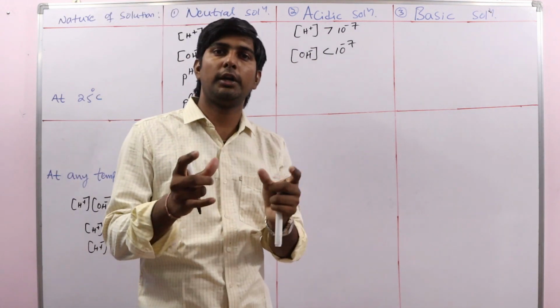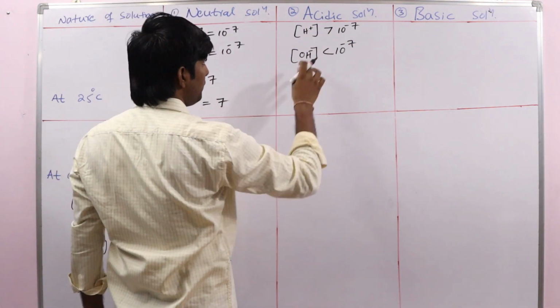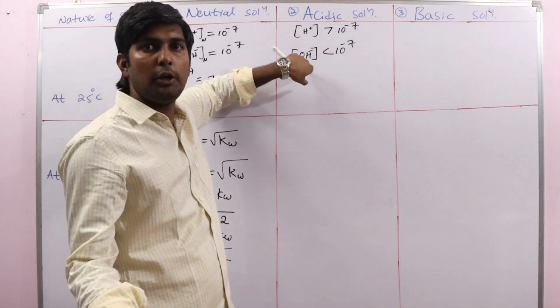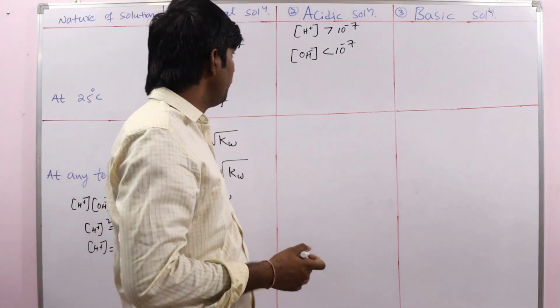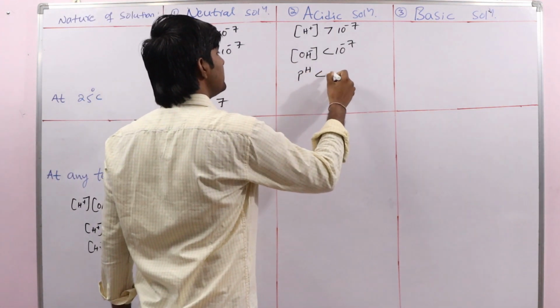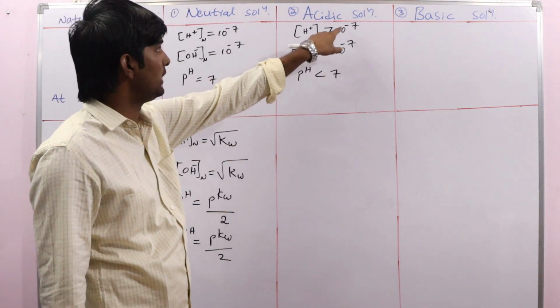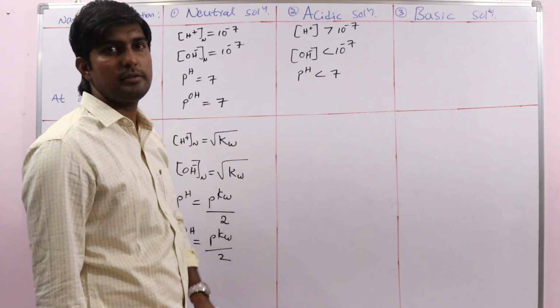Whatever it may be, their product equals 10 power minus 14, right? Suppose H plus is 10 power minus 6, then OH minus will be 10 power minus 8. 10 power minus 6 into 10 power minus 8 is how much? 10 power minus 14, yes or no? And pH is less than 7. So H plus ion concentration greater than 10 power minus 7 means pH less than 7.